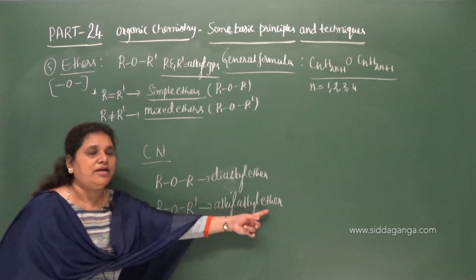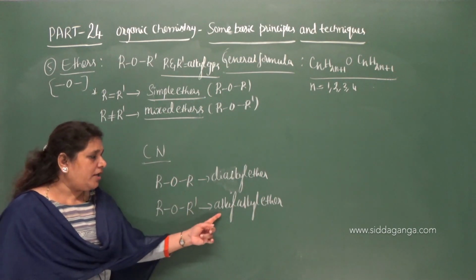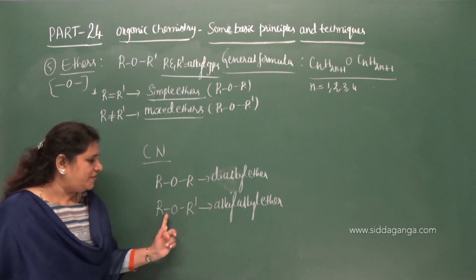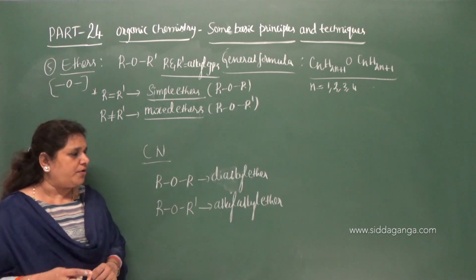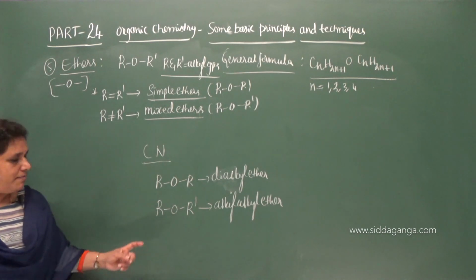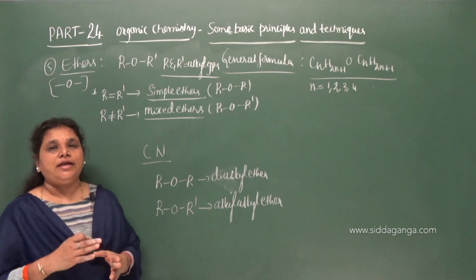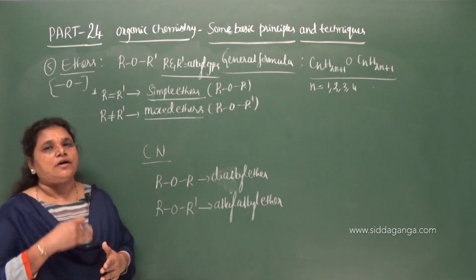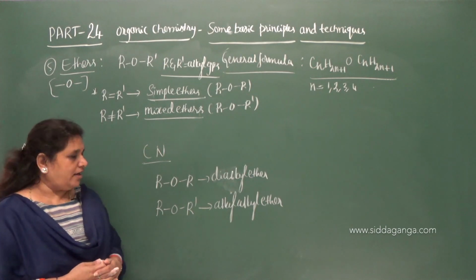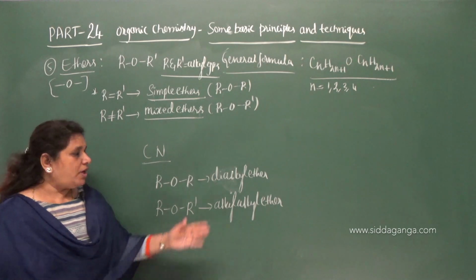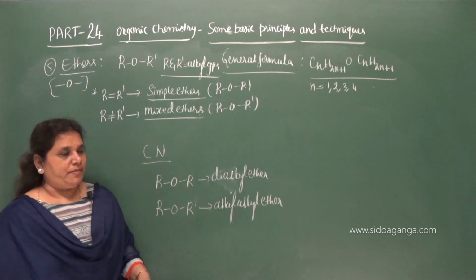Alkyl alkyl ether is the common name of the mixed ether. For example, if there is a methyl and an ethyl group, you have to arrange the names according to alphabetical order, so ethyl comes first. Ethyl methyl ether. Like that you have to arrange them in alphabetical order.